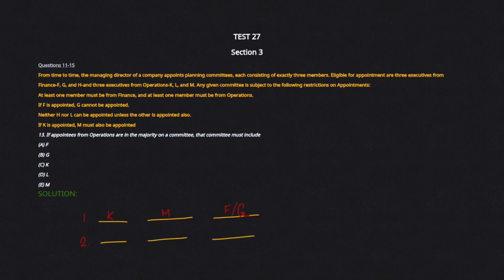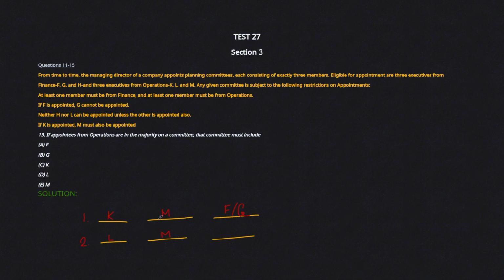For case 2, let's say we have taken L as the first one, and M as the second one. Now, one point to be noted is that if K is appointed, M must also be appointed, but not vice versa. You can have M on its own, but you cannot have K on its own.